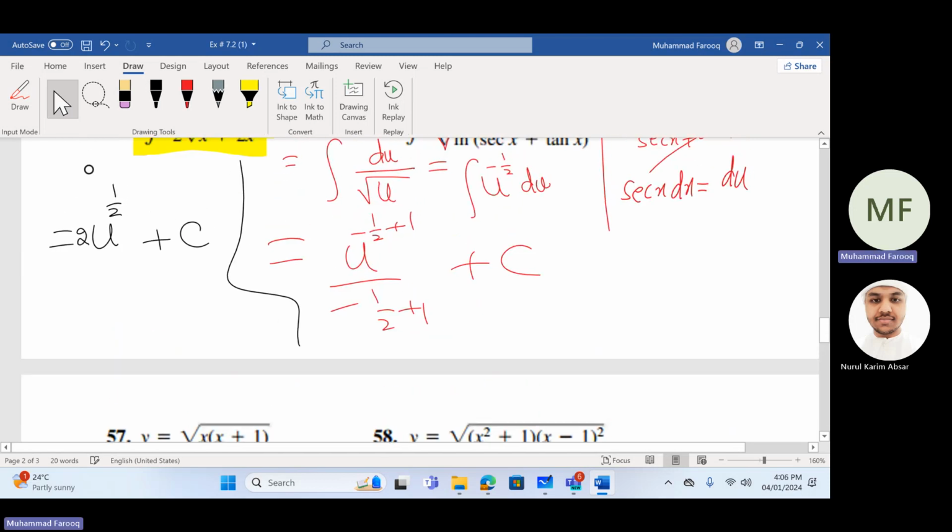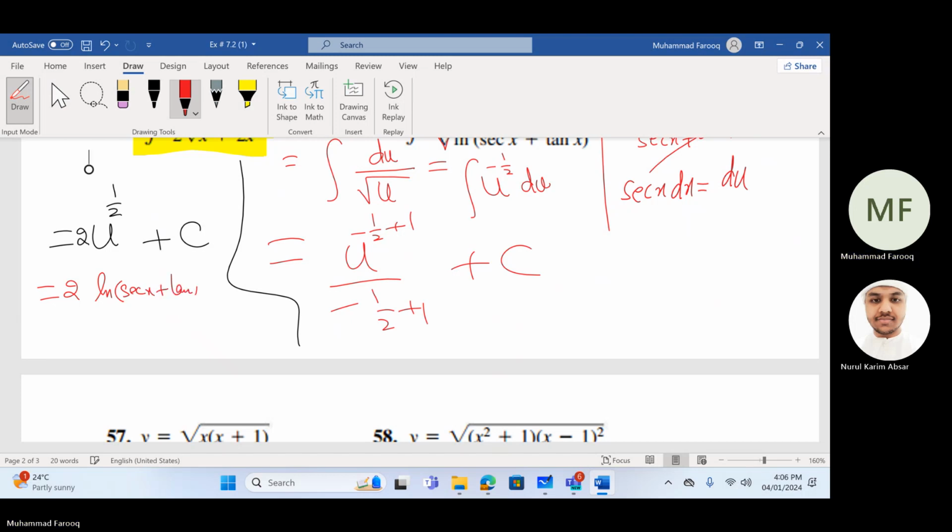So this is 2 times ln with the argument secant x plus tan x, and it has half power, so half power means square root, plus c.